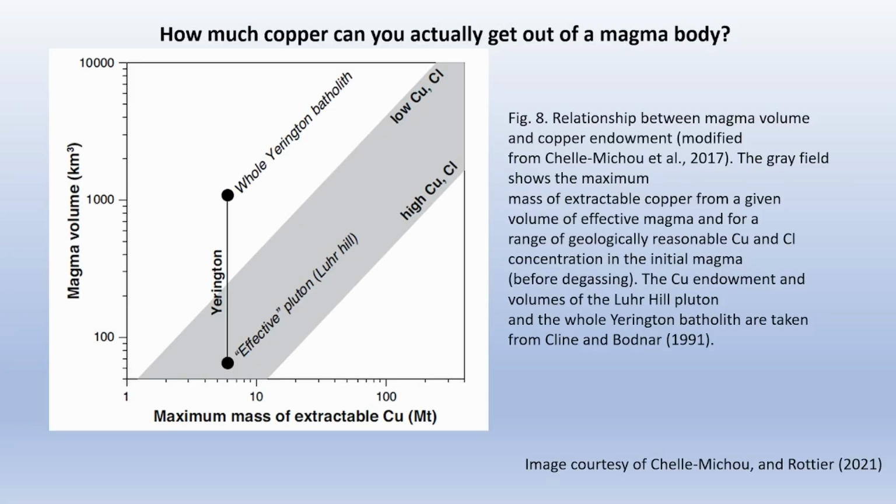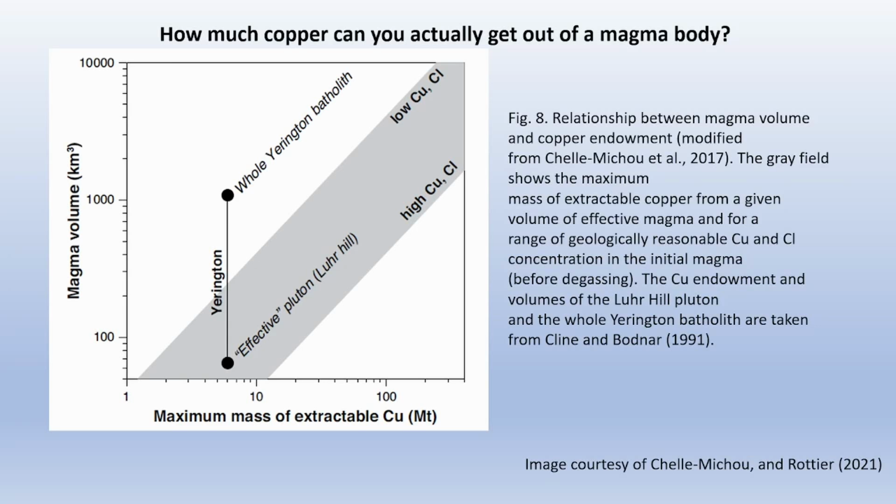Now let's talk about a real-world example which has been mentioned in this article, and it's the Yerington deposit in Nevada. There's a whole batholith down there, tons of rock, but only a slice of it actually contributed to forming a copper deposit. The dot for the whole Yerington batholith shows the total magma volume, but the dot for the lower pluton down there, that's the effective pluton.